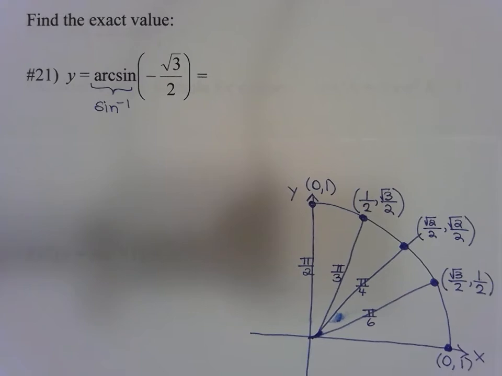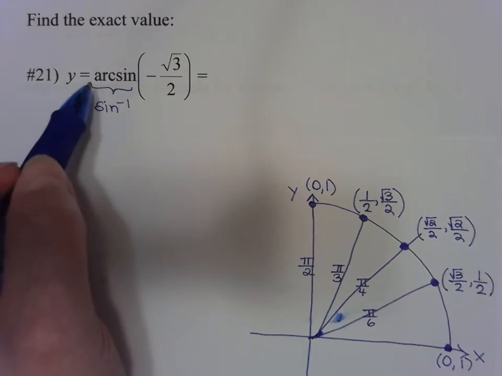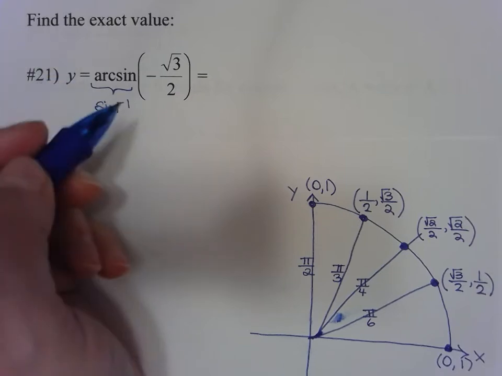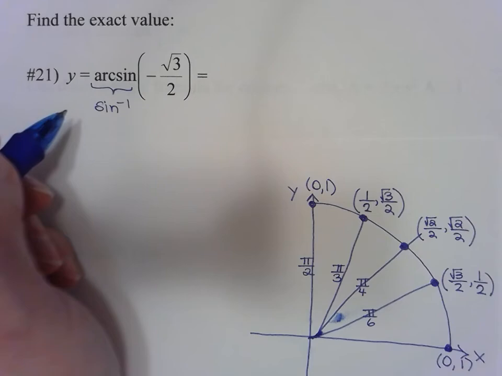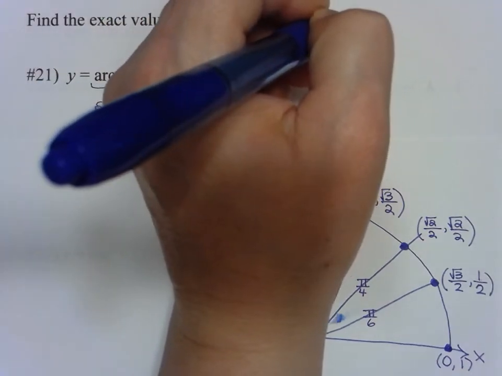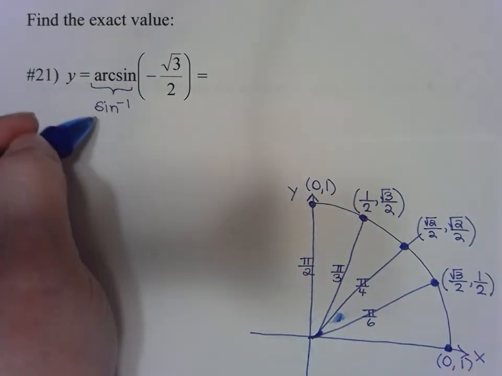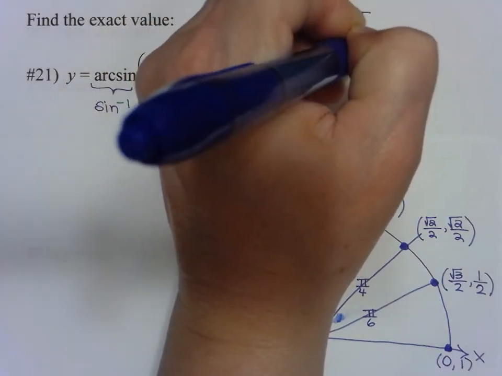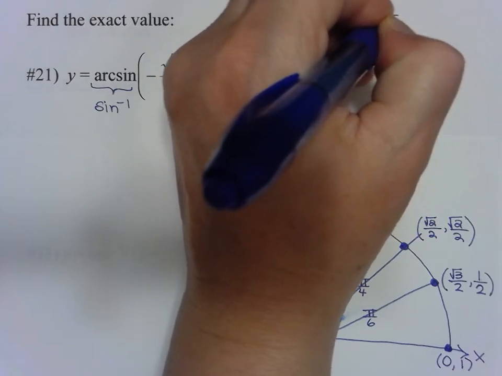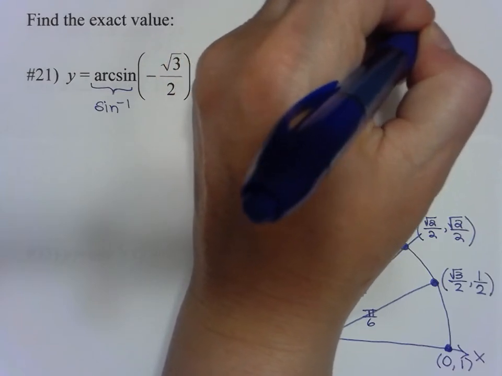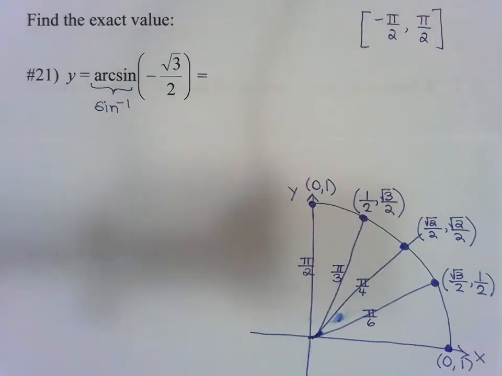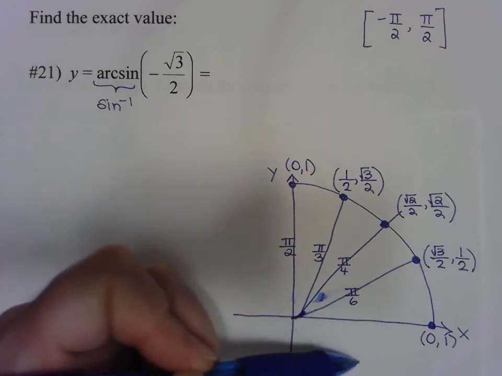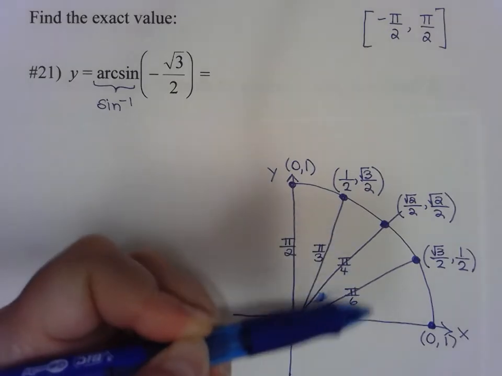Because we restricted the domain for the sine, which for the sine inverse is also the range, we're trying to find an angle between negative pi over 2 and pi over 2. So in terms of the unit circle, I don't have the whole thing drawn here, but that would be quadrant 4 and quadrant 1, right? Anywhere in here.